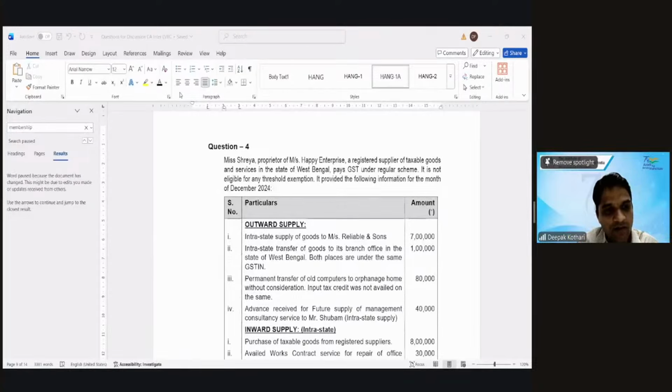If there's anything, because I'm not aware of the marks. Fifty marks. Okay, clear. So 50 marks including MCQ, right, Lokesh?